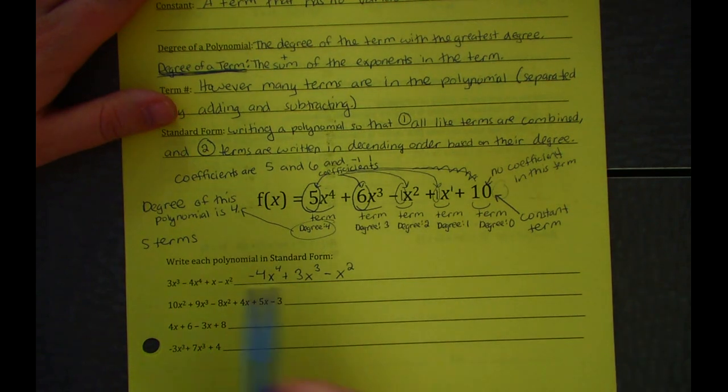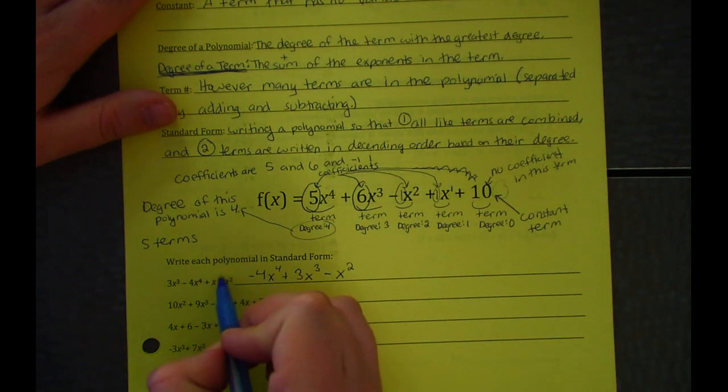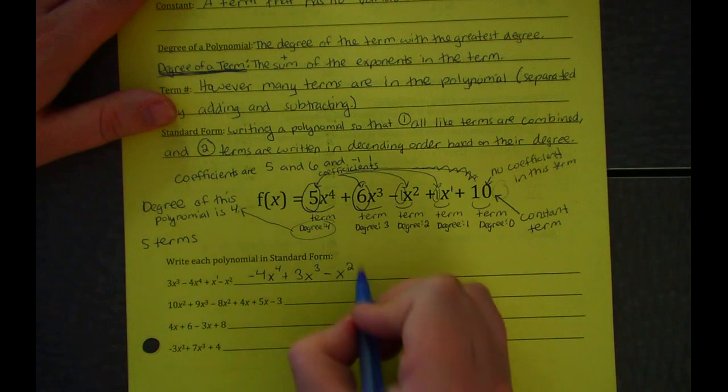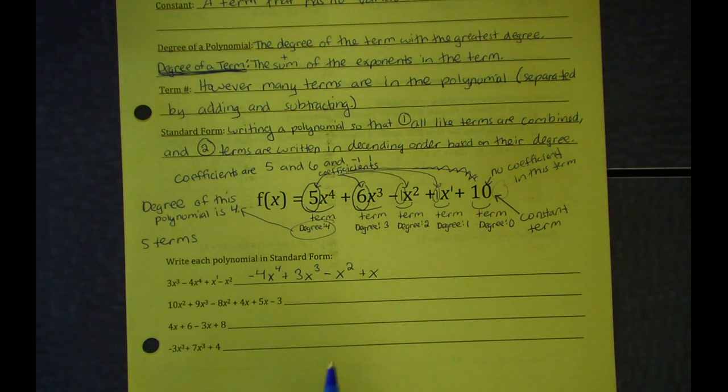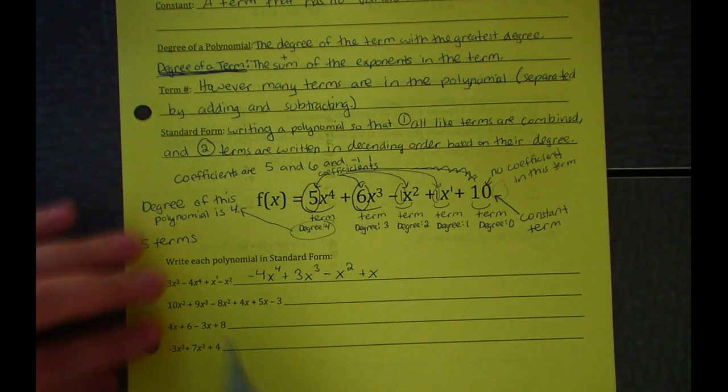And after that, my next biggest degree is x to the first power right there. So I'm going to write plus x. So now that's in standard form. My like terms are combined, and they're written in descending order according to each term's degree. 4, 3, 2, 1.